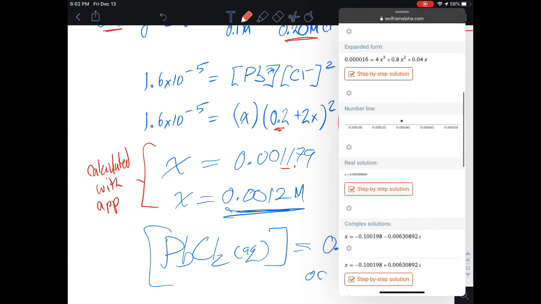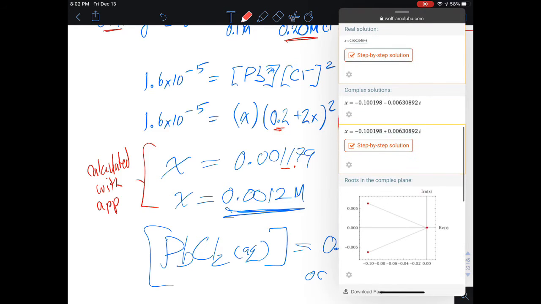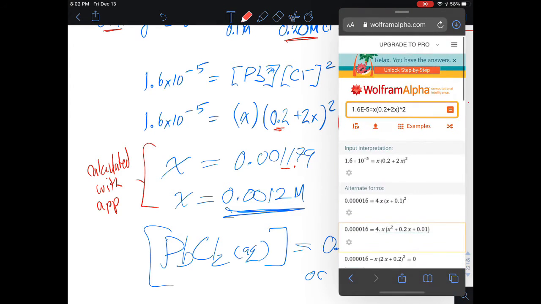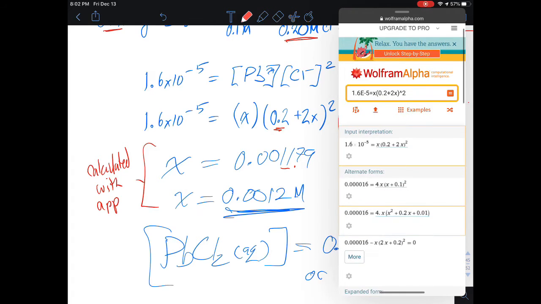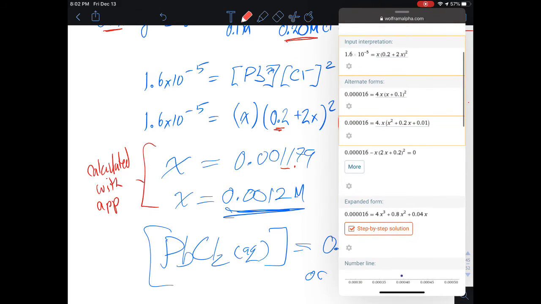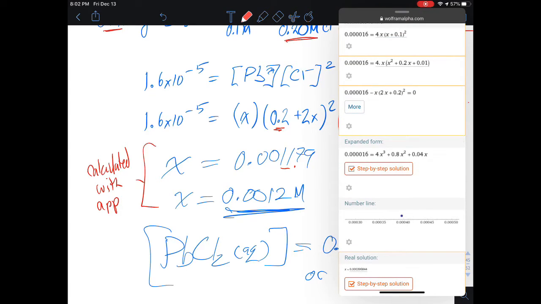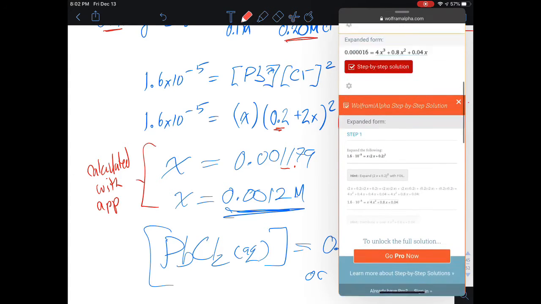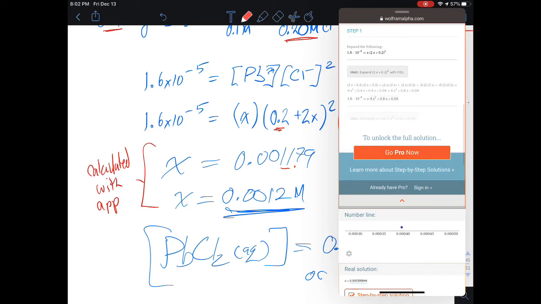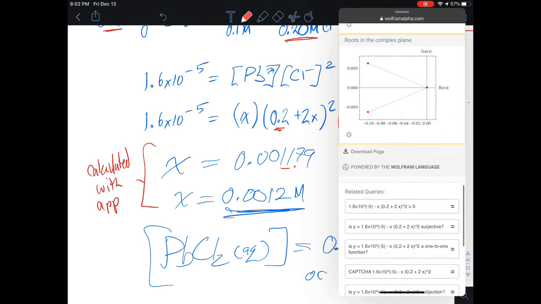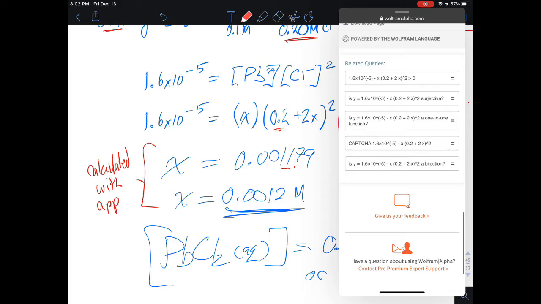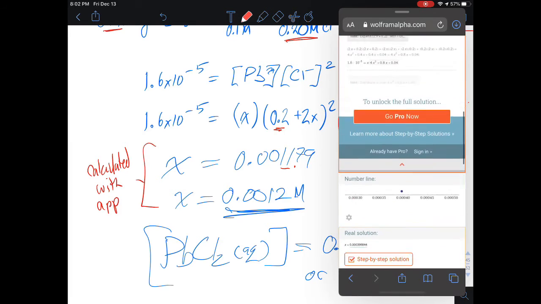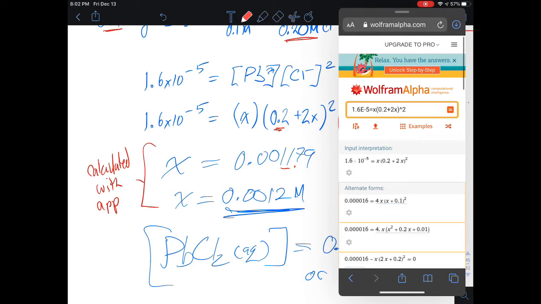Okay, that gives us an expanded form and complex solutions. Did we not get there? Okay, so give me some answers here. Oh, it does not like this equation because it has a cube in it. Well, that's probably why I have a weird number here.